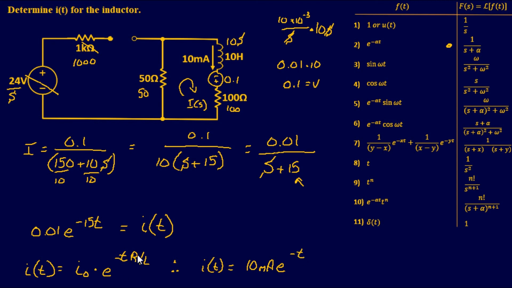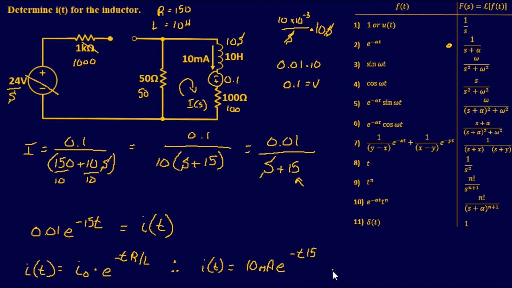Now you have resistance over inductance. Well, right now our total resistance was 150, and our total inductance was 10 henries. So if you did 150 over L, or 150 over 10, that's going to give you 15.